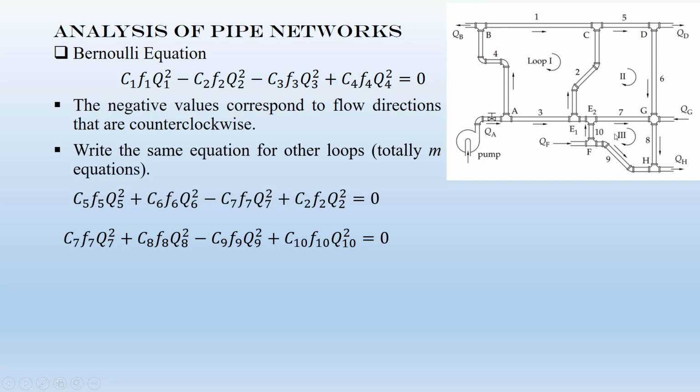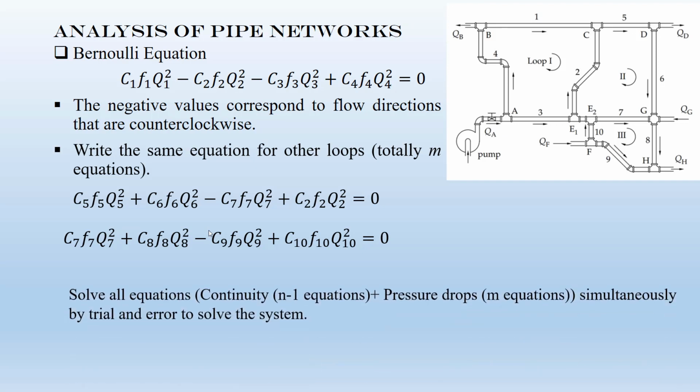Again, you don't need to set the Bernoulli equation for each part. You can simply use the delta P equals plus minus Ci Fi Qi squared. Now, you can set M equations. Here we have three loops, so you just set three equations based on the Bernoulli equation and delta P.